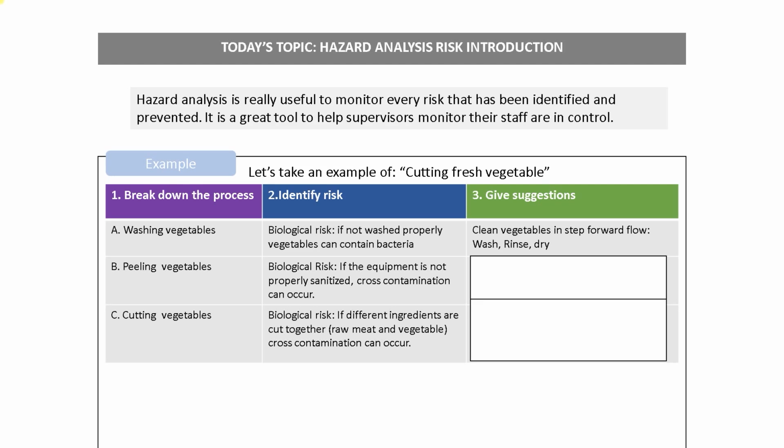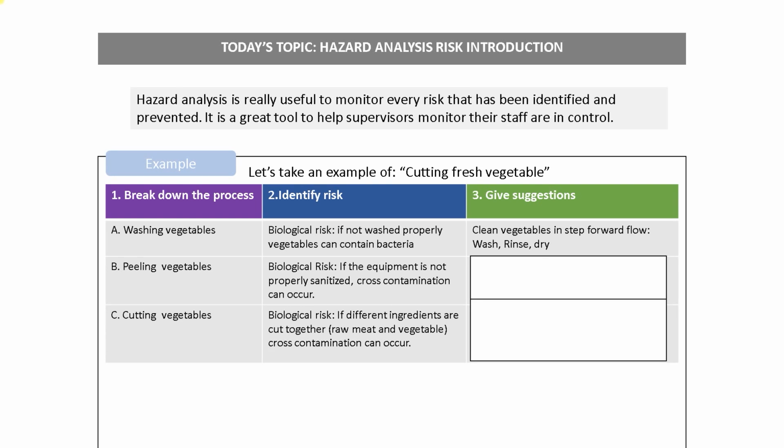First suggestion, when you wash a vegetable, you have to clean the vegetable in a step forward flow, meaning first you remove the dirt, you wash with clear water your vegetable, you rinse, and then you dry the vegetable.